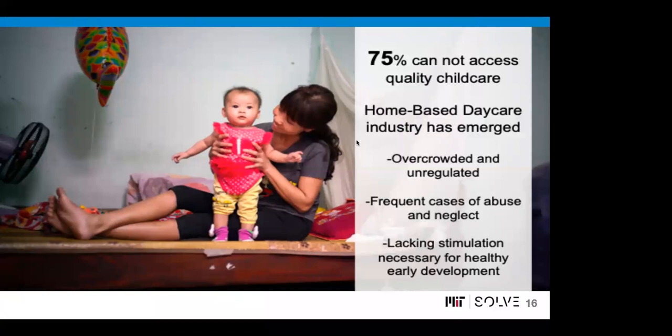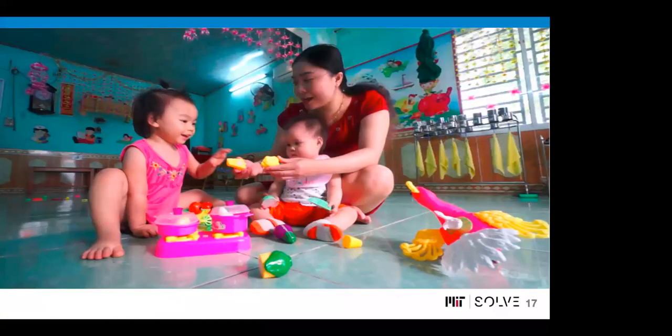These are a lot cheaper than public daycare, but many of these women don't have the training to provide early learning experiences to the children. So that's where we come in. Our program, next slide please, trains these women in best practices of early childhood education.